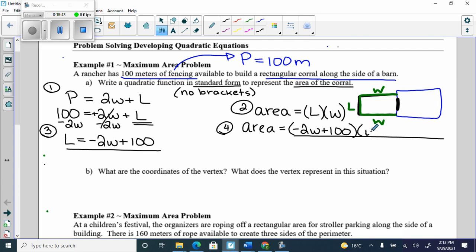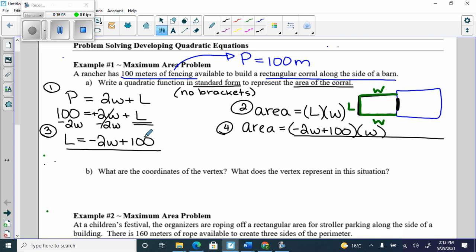Nothing. I don't have anything to put in for W. So I'm going to leave it as a W. No, L equals this. So I'm tossing L and replacing it with negative 2w plus 100. This is the one I isolated.